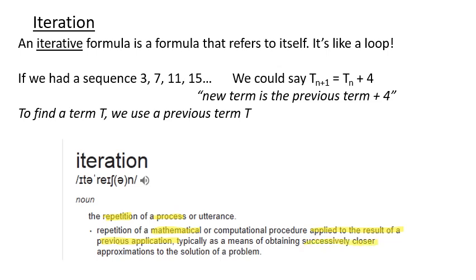Now this part is very important. This means that using iteration, we are trying to get to the solution of a problem, and gradually, by using the iterative formula, we get closer and closer and closer each time to the real solution.